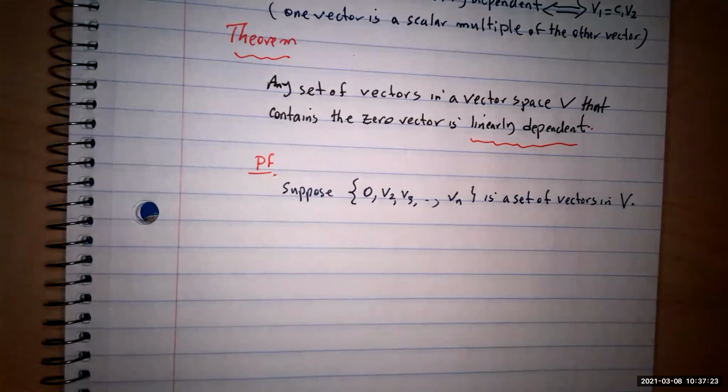You know that to prove this, we have to put c1, c2, up to cn and prove that at least one of them is non-zero if you want it to be dependent.